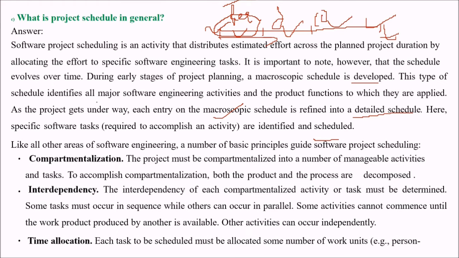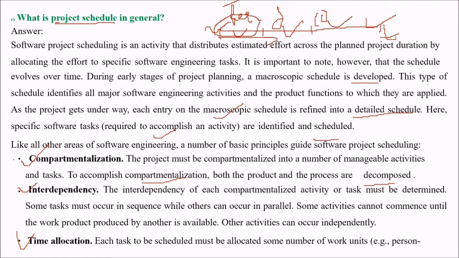Like all other areas of software engineering, a number of basic principles guide software project scheduling also. Compartmentalization, interdependency, and time allocation. Compartmentalization means the project must be compartmentalized into a number of manageable activities and tasks. And to accomplish this compartmentalization, both product and process need to be decomposed.